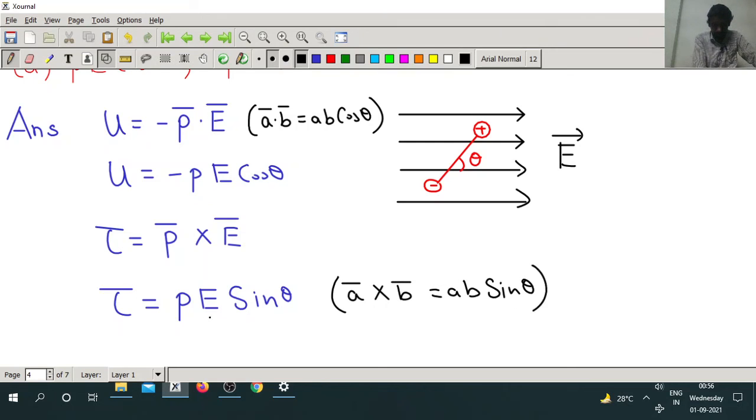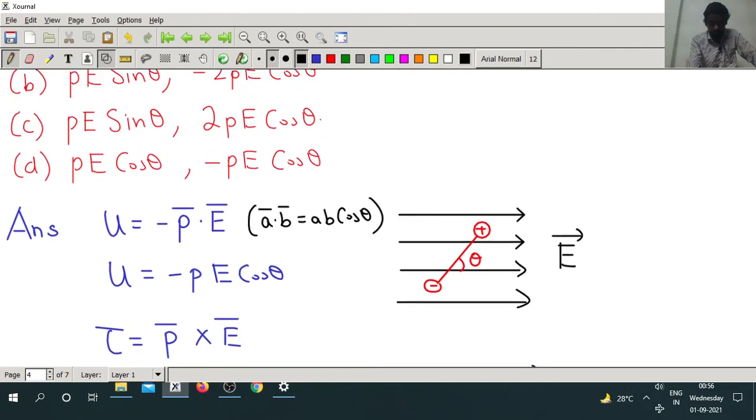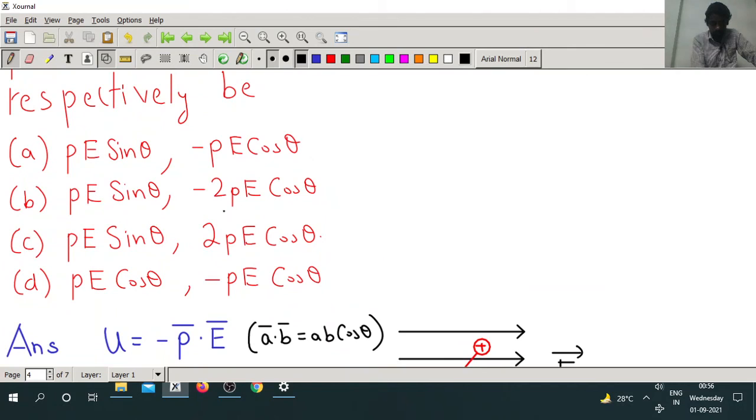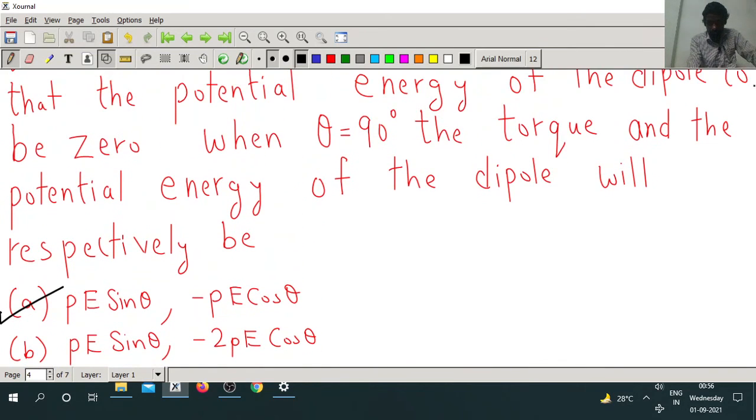So rotational force is P sin theta and the potential energy is minus P cos theta. So the answer to this question is A. The torque is P sin theta and the potential energy is minus P cos theta.